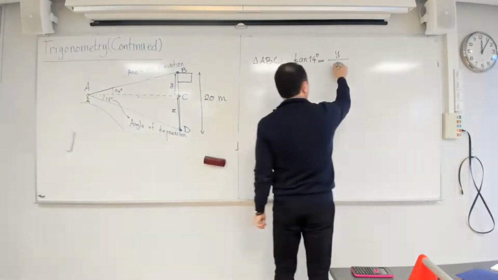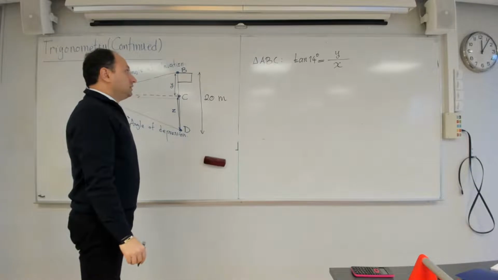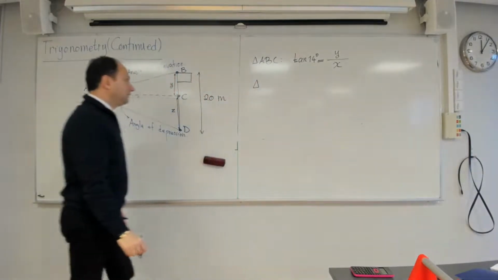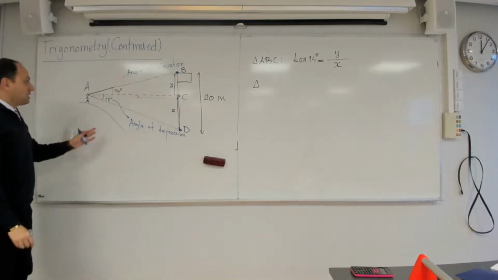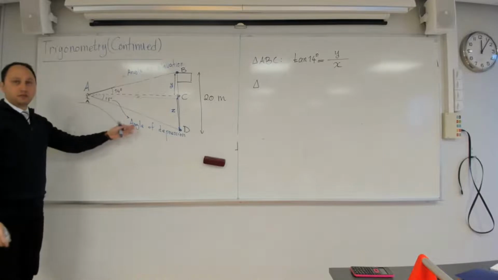Yes, so this is what I can write. Okay, and then hopefully it's more or less understandable. We can use more or less the same thing with this angle of depression as well.